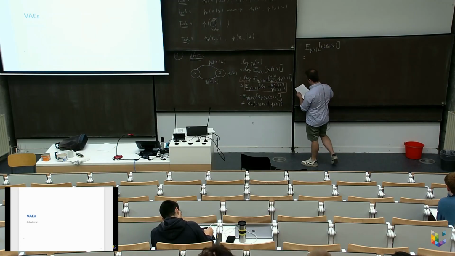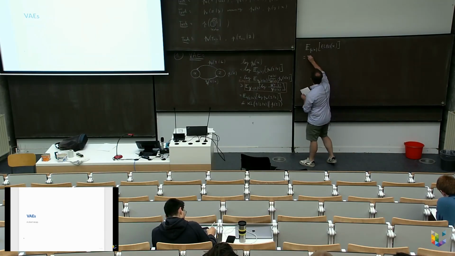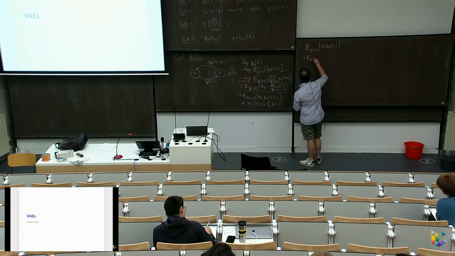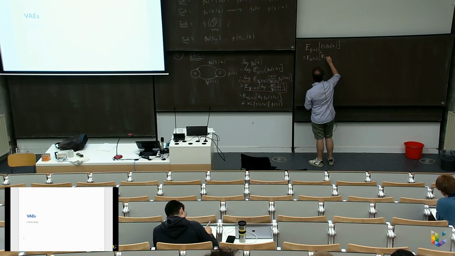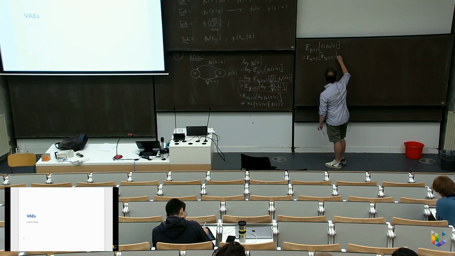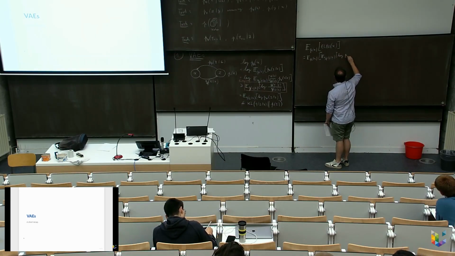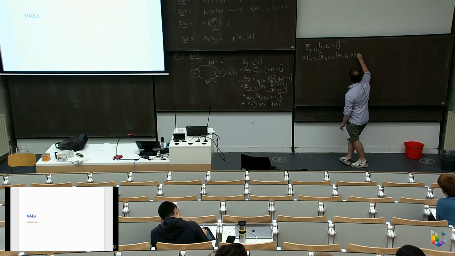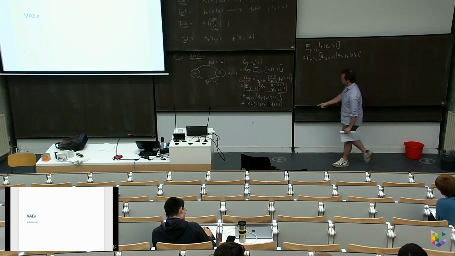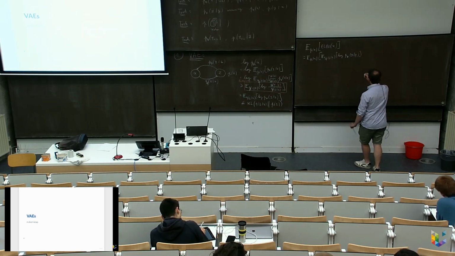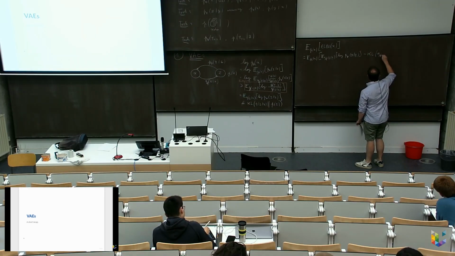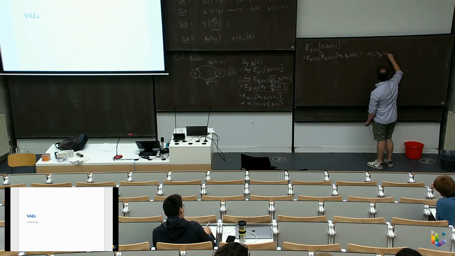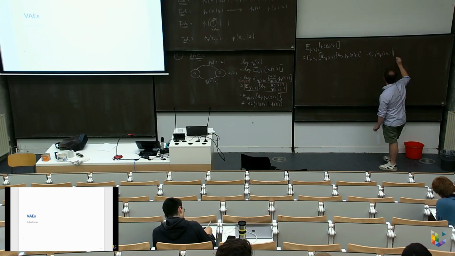Using the previous form, this is equal to the expectation over q phi of z given x of the log, it's just this term, minus the KL between q phi of z given x and the prior.